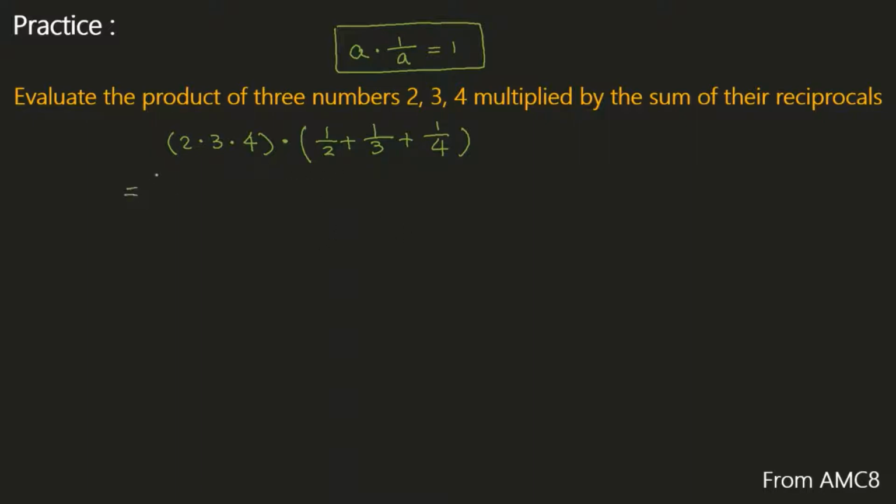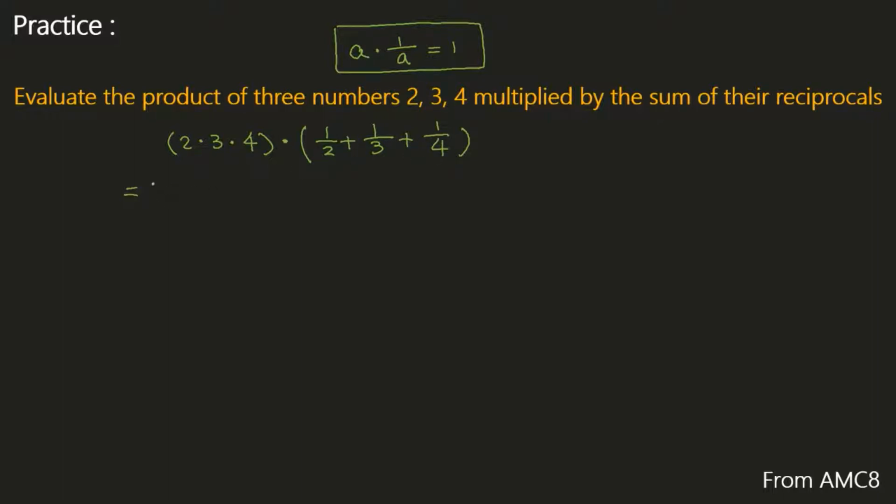Now next, take a look at this expression here. 2, 3, and 4, we can treat as one term, and this one term is being multiplied to the sum of 3 reciprocals. So if we use the distributive property, we're going to distribute this one term into each reciprocal inside the parentheses.